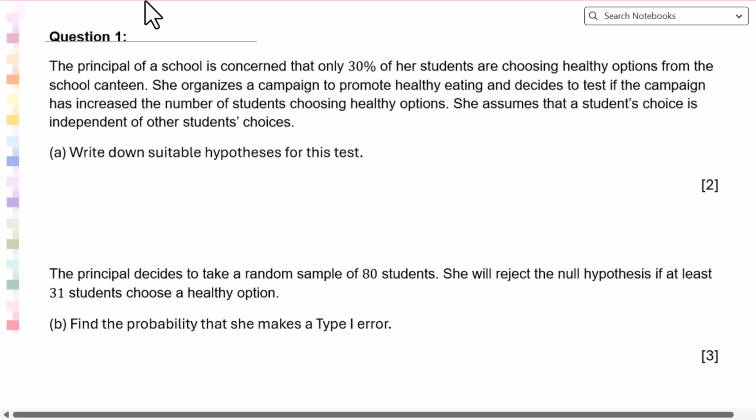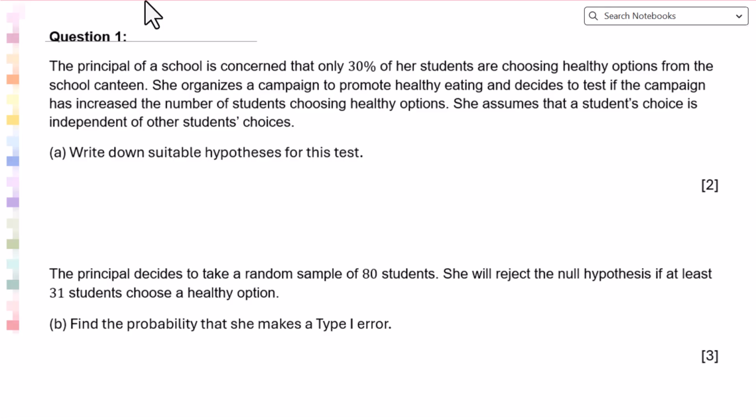Question 1. The principal of a school is concerned that only 30% of her students are choosing healthy options from the school canteen.